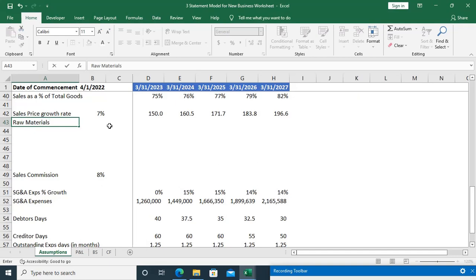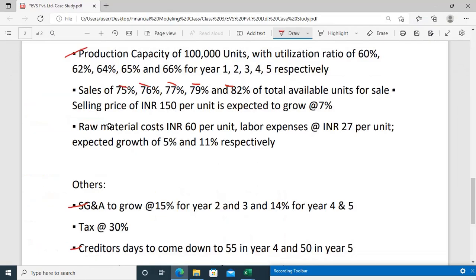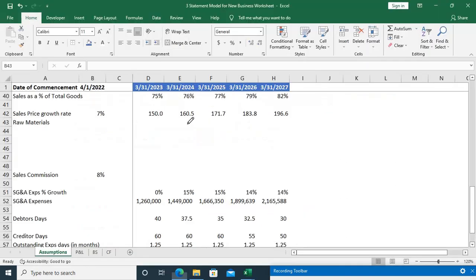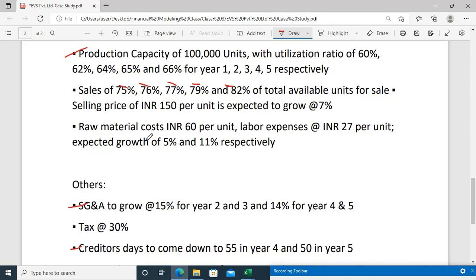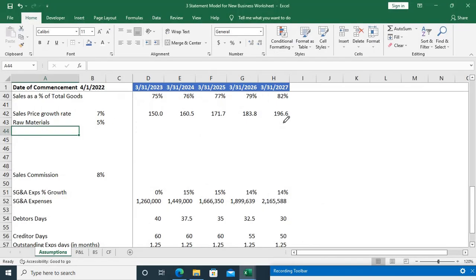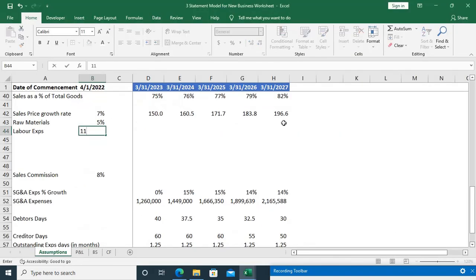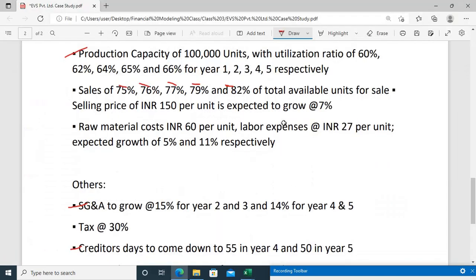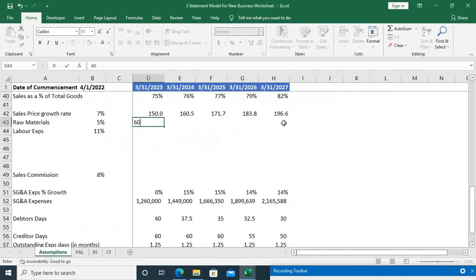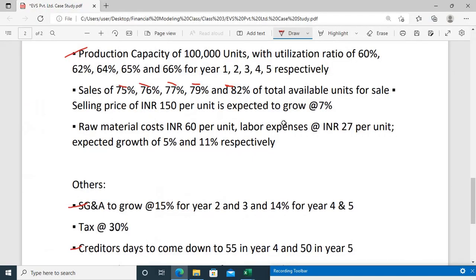Raw materials has a growth rate of 5%, and then labor expenses should grow at 11%. The base prices are 60 and 27.